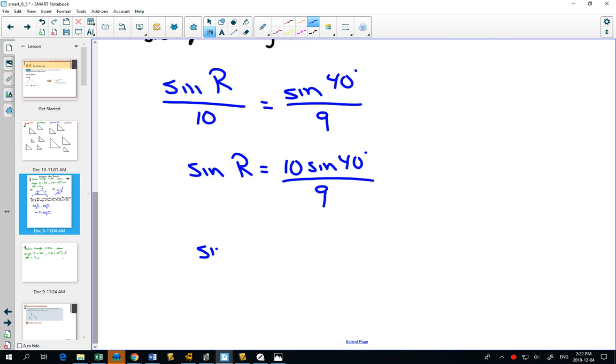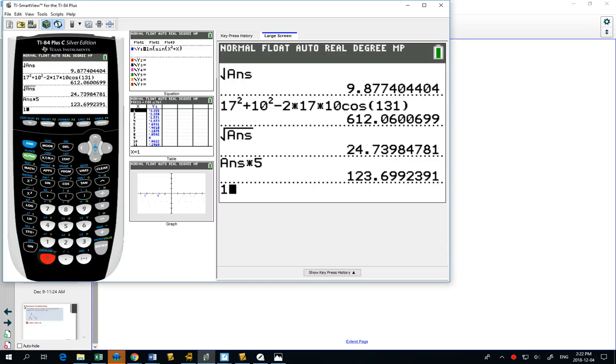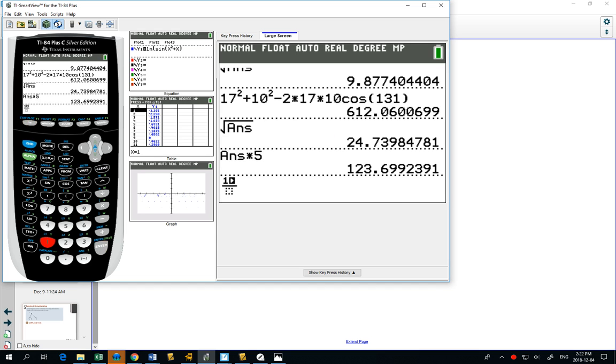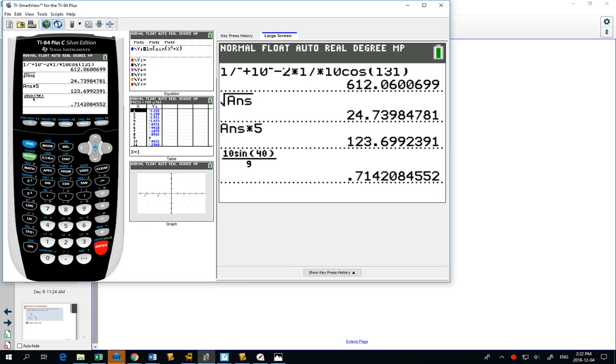And so if I type that into my calculator, sine of R, I'll use my fraction button and everything, make it look exactly like we see. 10 sine 40 over 9 equals 0.714.